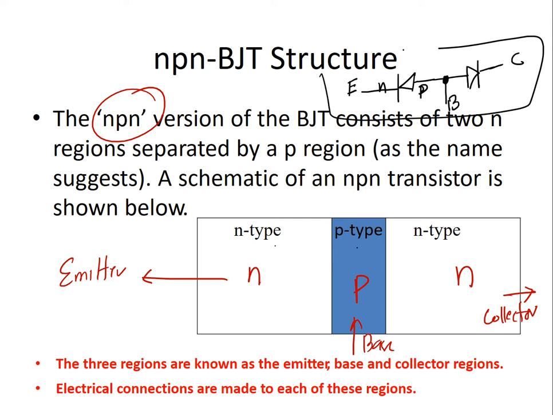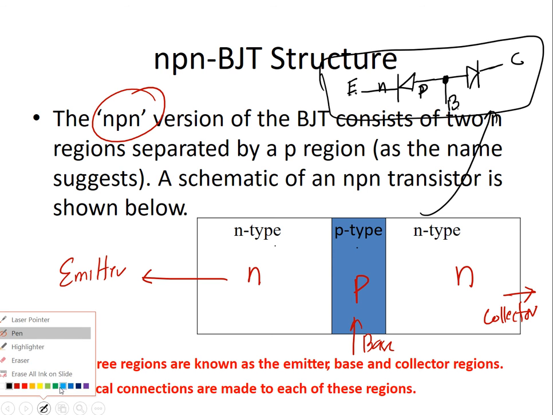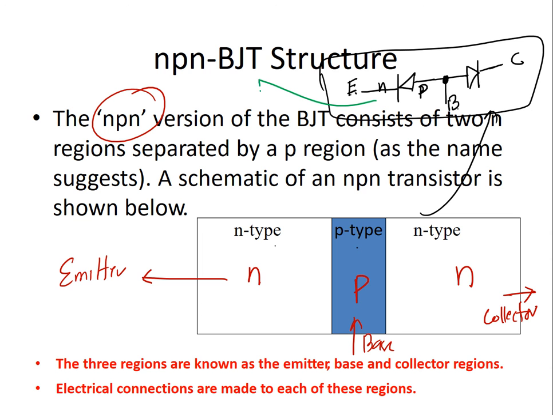This is the diode analogy, the junction formation in the form of diodes. We get two different junctions: this is called the emitter base junction, and this is called the collector base junction, CB or BC, collector base junction or base collector junction, emitter base junction or base emitter junction.